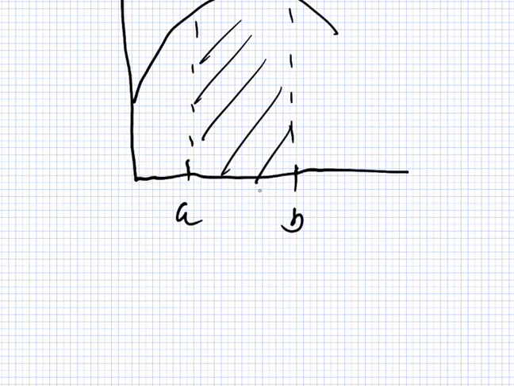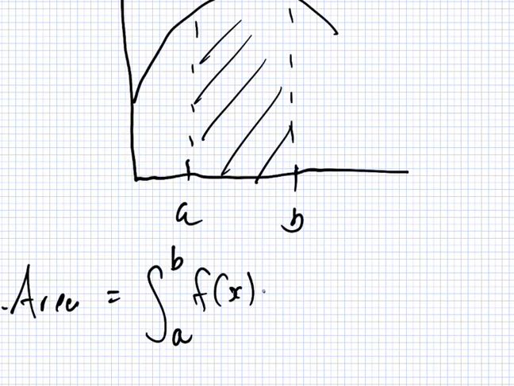We've learned that this area here will be integration from A to B, f of x dx. But there's one requirement which I didn't say in the proof, which I'm saying now. This is only true if f of x is greater than 0.